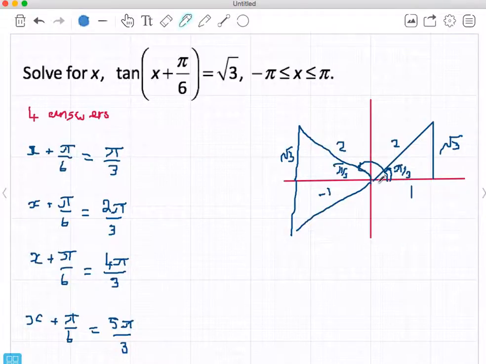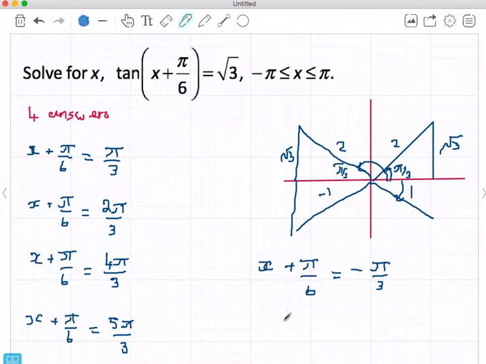But there are more. This is doing the positive angle. If I do a negative angle, I come down here, negative pi over 3. So I have another one, which is x plus pi over 6, and it gives me a negative angle because I'm going the other way. I'm going clockwise.